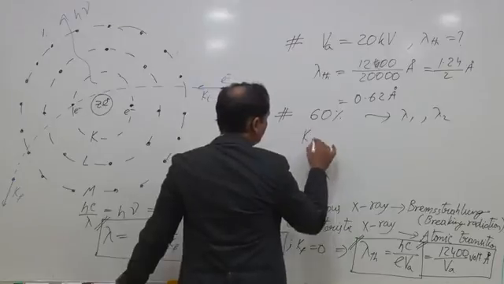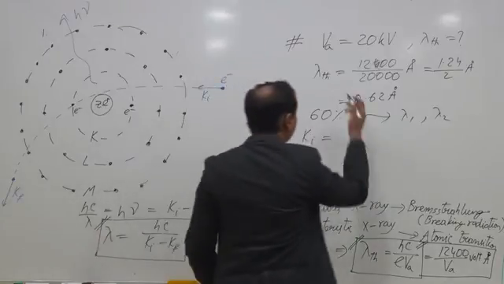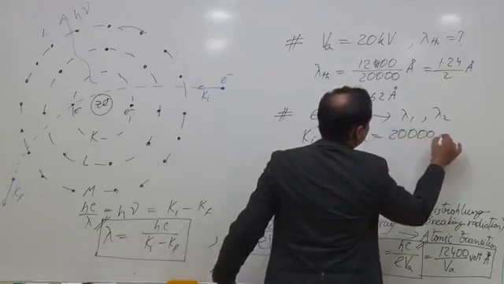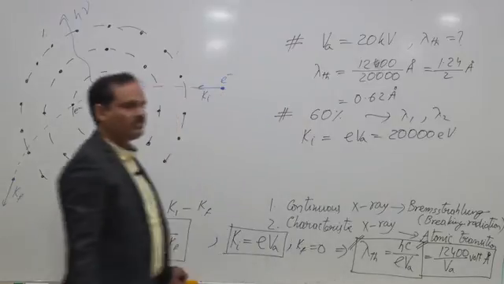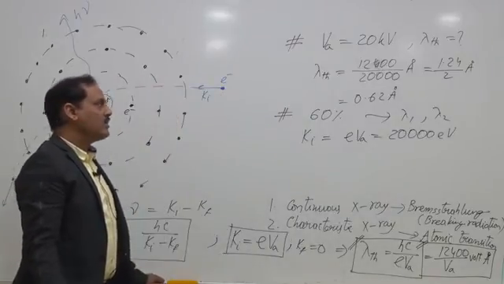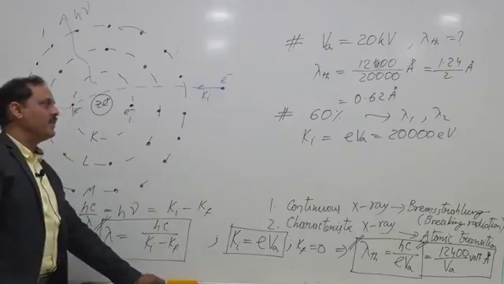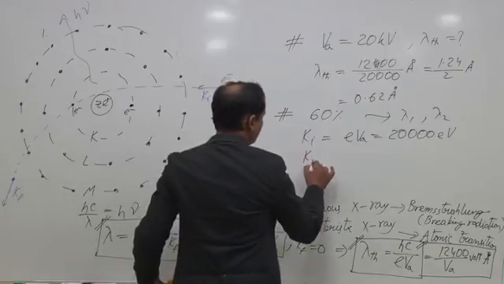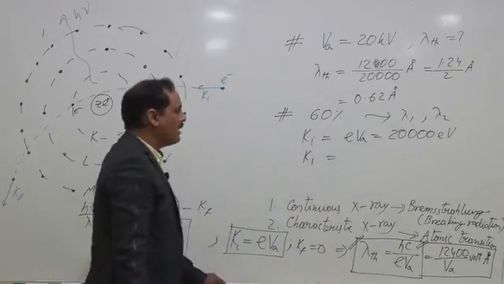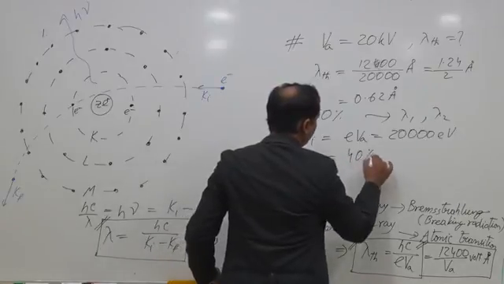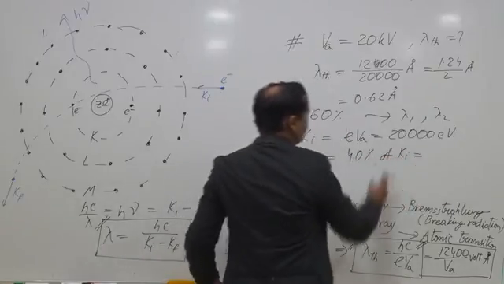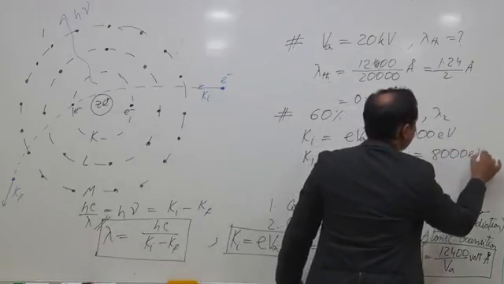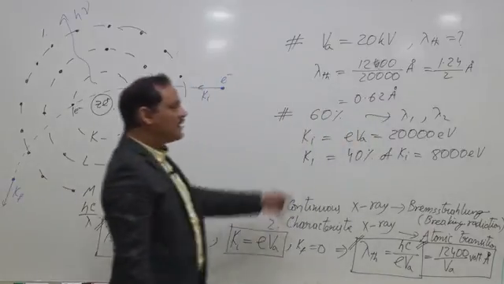Before collision, the initial kinetic energy Ki is equal to eV, that is 20,000 electron volt. In the first collision, it loses 60% of its kinetic energy, so 40% remains. So after the first collision, the kinetic energy K1 is 40% of Ki, which is 8,000 electron volt. This is left.